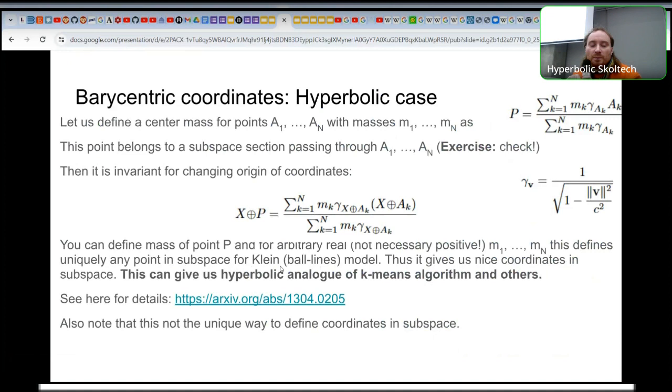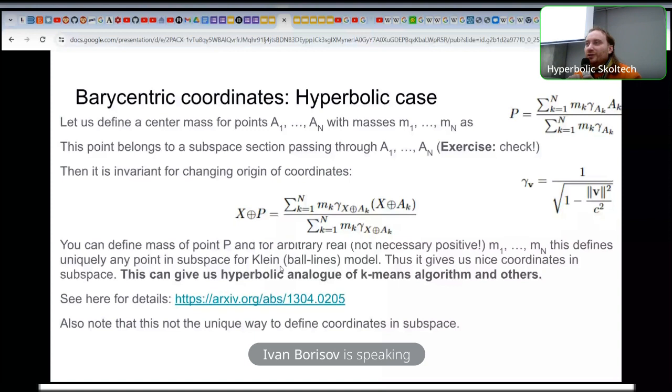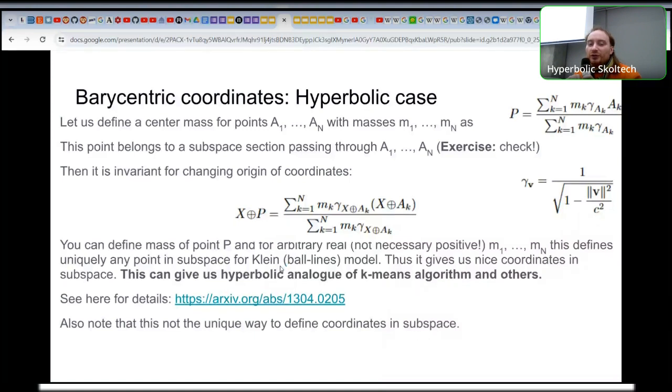So what is the usage of barycentric coordinates? First of all, you can define different barycentric coordinates for hyperbolic geometry. There is an article about this which I didn't manage to read; you can find it on the internet.